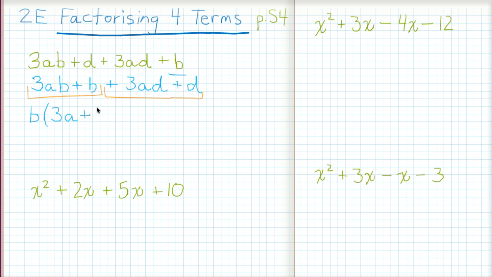And that's very important, that doesn't just disappear. b divided by b is not 0, it's 1. In the second group, I also have something common. It's a d. Since everything's positive here, I just put a plus there. And then I end up with 3a, and d divided by d is also 1.